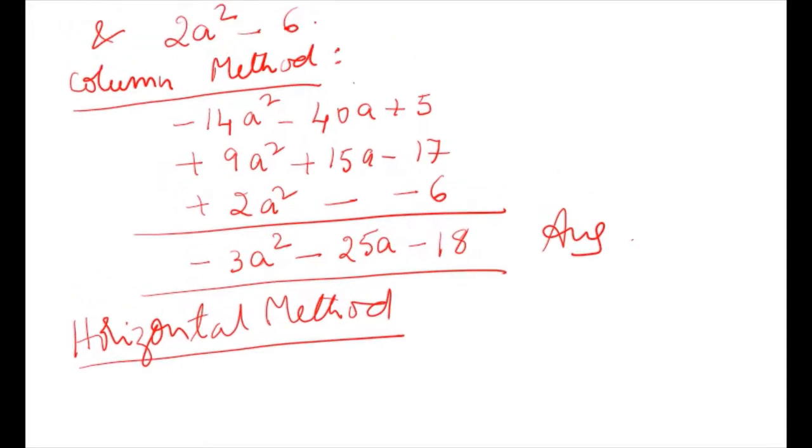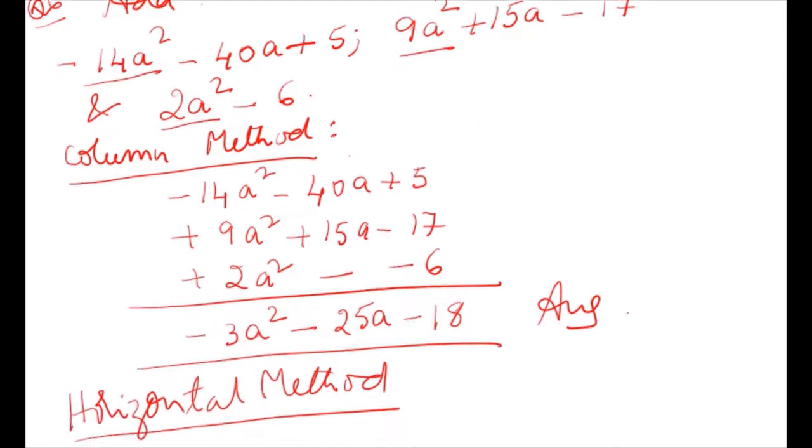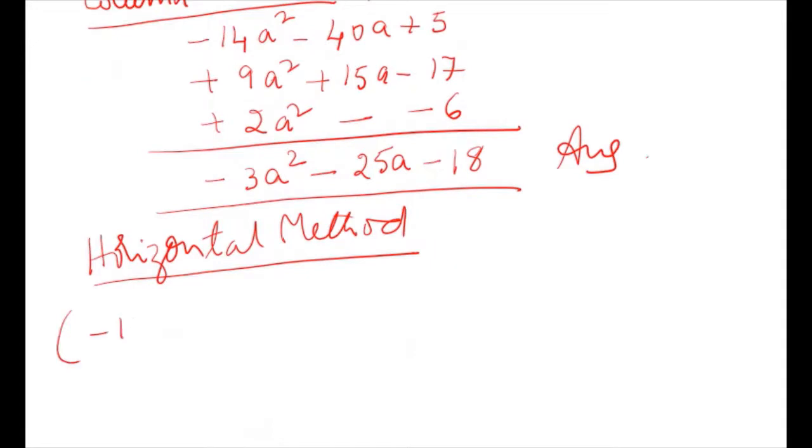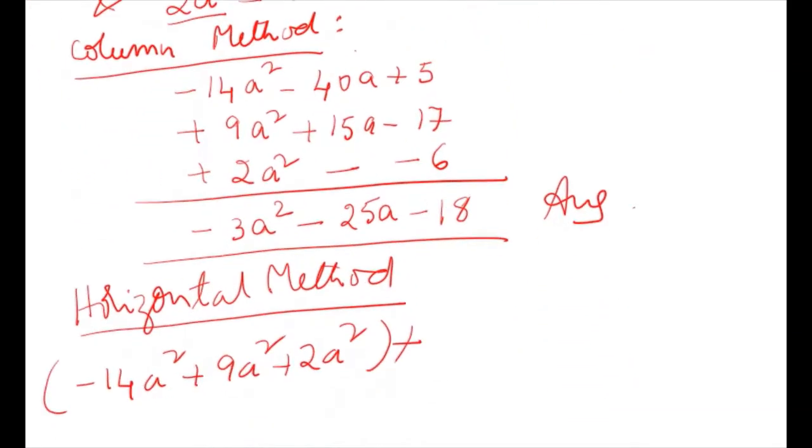In horizontal method, we group the similar terms. So minus 14a square, 9a square and 2a square. So minus 14a square plus 9a square plus 2a square. Then we club all a terms, that is minus 40a plus 15a, and there is no a term in the third expression.